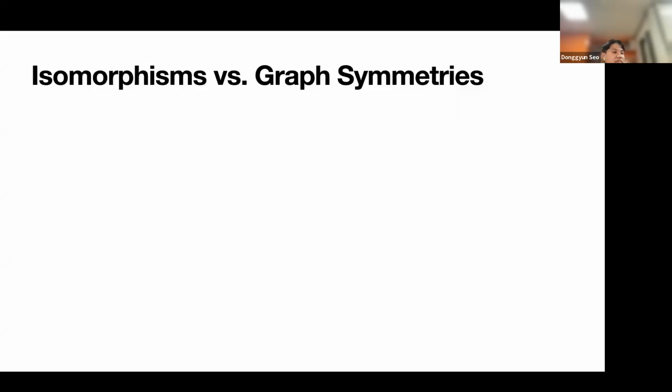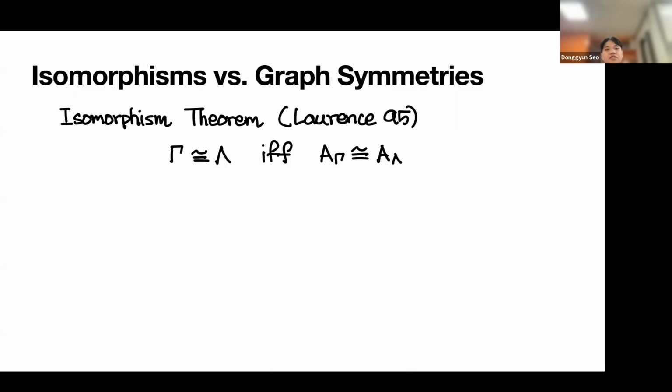I think the first observation to study isomorphisms of right-angled Artin groups is the isomorphism theorem. This was proved by Droms. He proved that two right-angled Artin groups are isomorphic if and only if the two defining graphs are isomorphic.